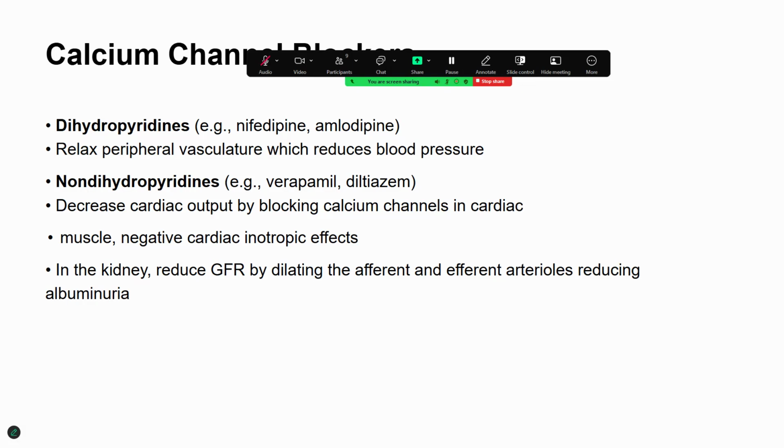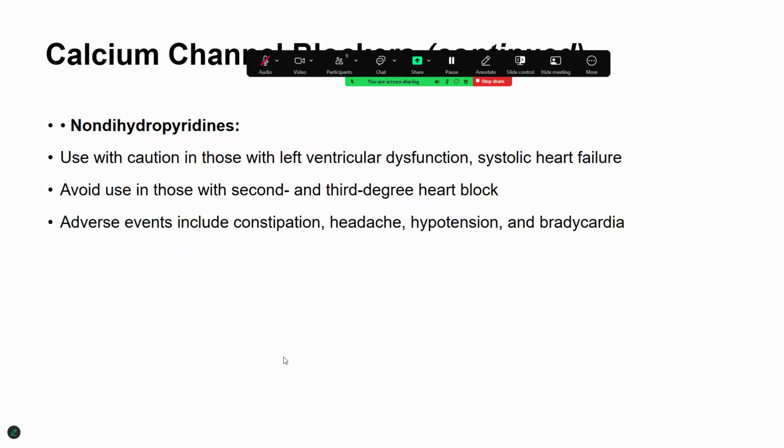So it also helps to reduce albumin in the urine. There are some cautions with the non-dihydropyridines as far as cardiac goes. The dihydropyridines, the long-acting ones, are more preferred.